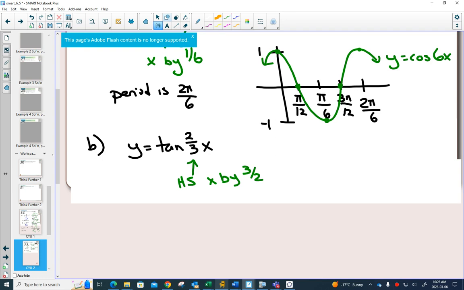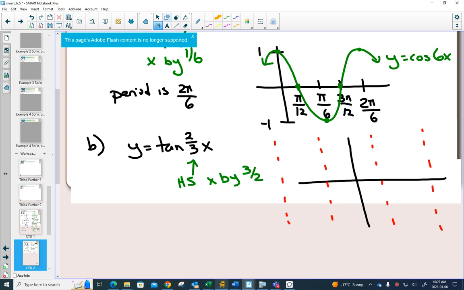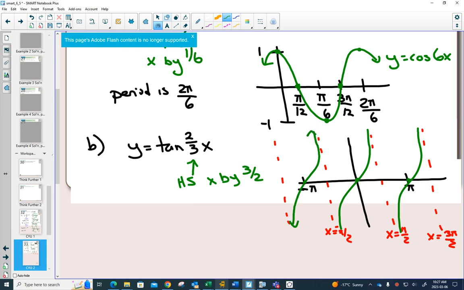Again, off to the side, here's my normal graph of tan.